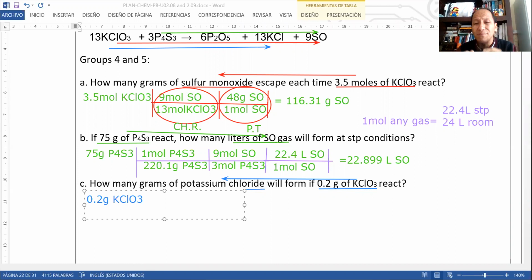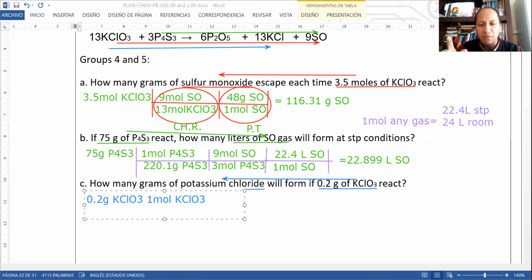Since you have grams, make sure you transform that to moles in the first place, because the coefficients from the balanced reaction represent moles. So in the upper part, I know that 1 mole of KClO3 is representative.